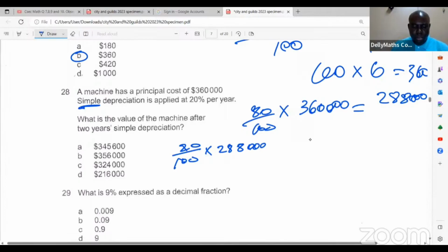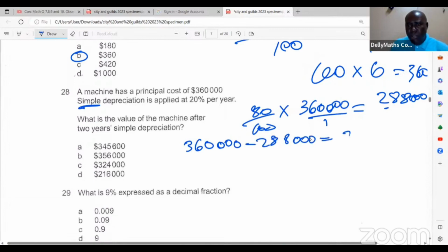Hold on, let me work this out. All right. This is about 72. All right, so let's subtract these since it is simple.